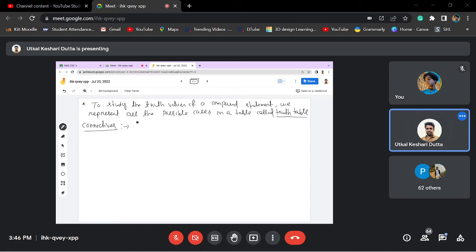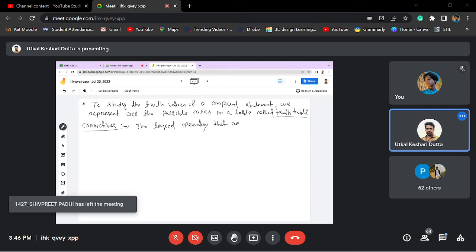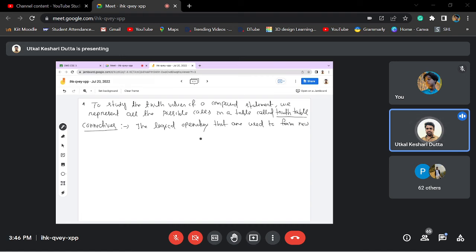That means the logical operators that are used to form new propositions, which must be compound propositions.